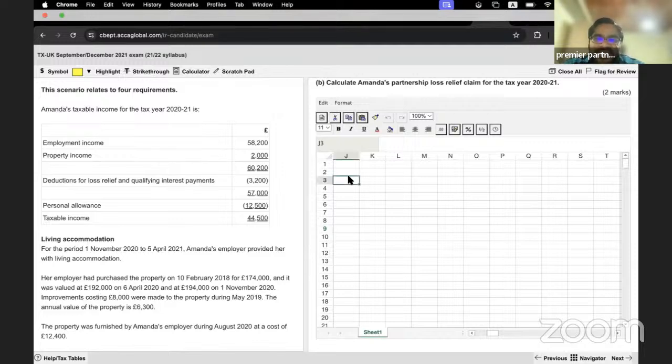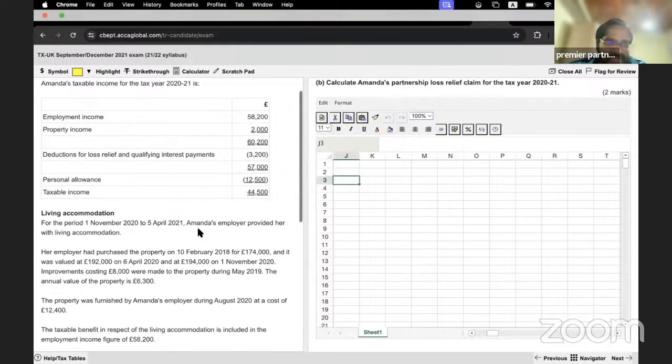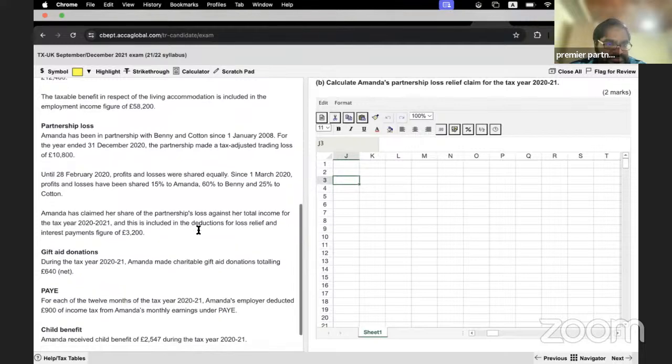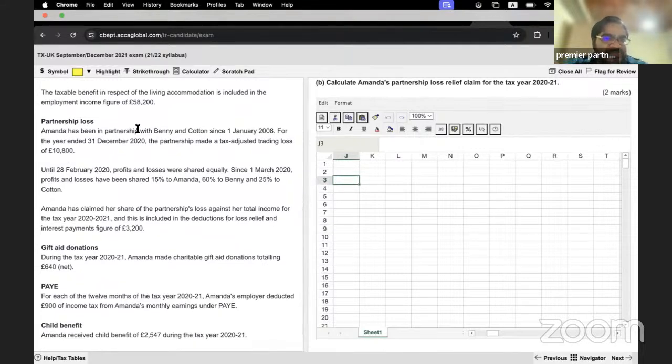Okay, the next one is calculate Amanda's partnership loss relief. Let's read about that part of the scenario now. Amanda has been in a partnership with Benny and Cotton since 1st January 2008. For the year ended 31st December 2020, the partnership made a tax adjusted trading loss of £10,800.